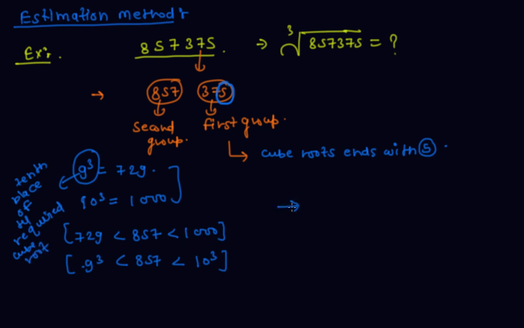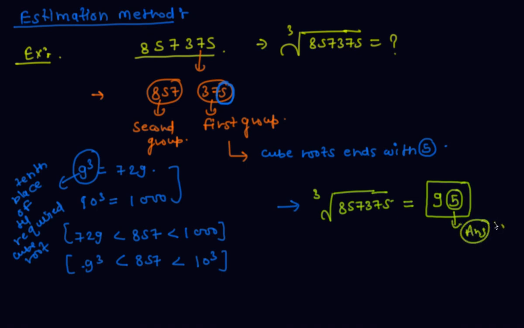The cube root of 857375 ends with the digit 5 and the tens digit is 9. So finally the cube root of this number is 95. This is the very short trick to find a cube root. Let's take one more example to discuss this estimation method.